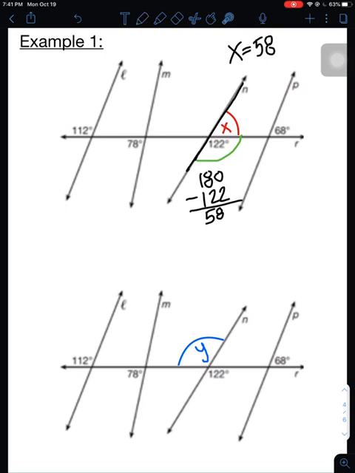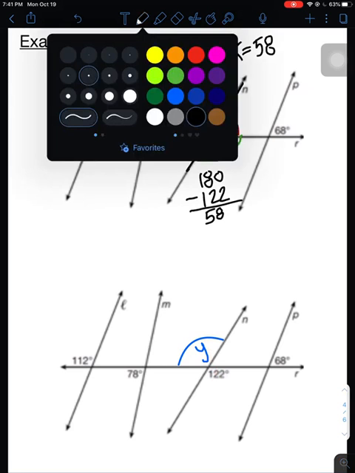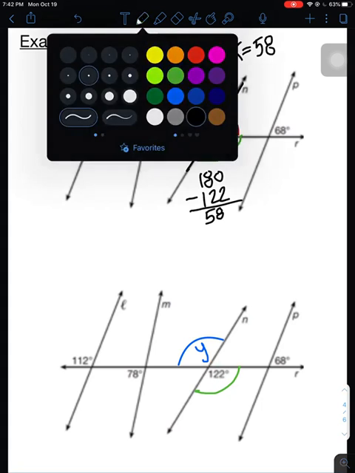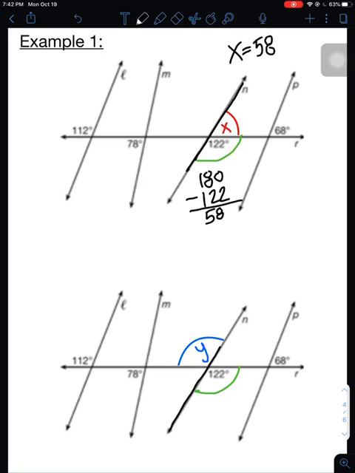Okay. All right, so down here, again, we're given this measurement of 122. Now, these two, what is the relationship between these two? They're across from each other, right? It's two lines, so let me highlight the two lines that are being used.